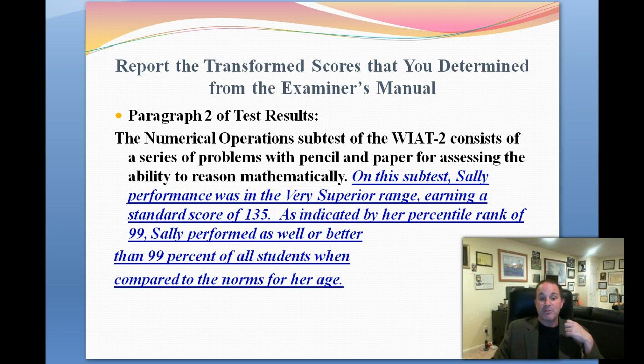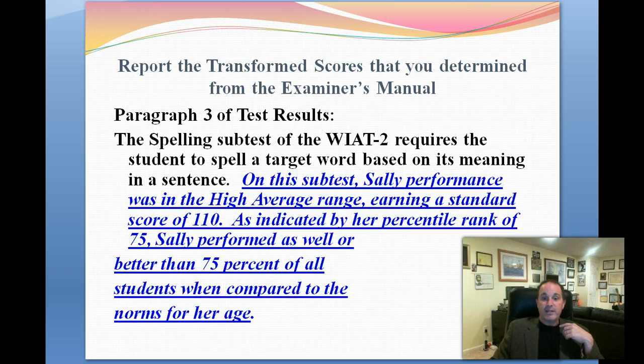As indicated by her percentile rank of 99, so go to the table, 99. And what does a 99th percentile mean? It means that she performed as well as or better than 99% of all students when compared to the norms for her age.